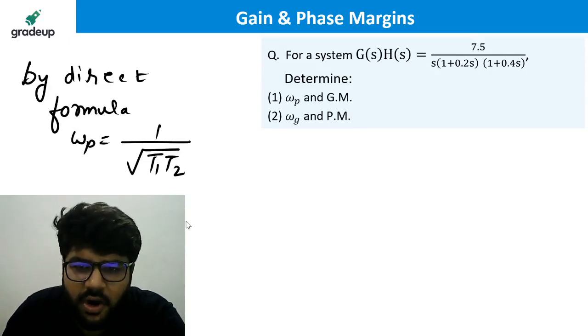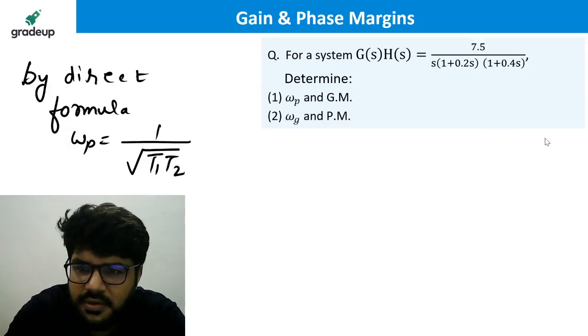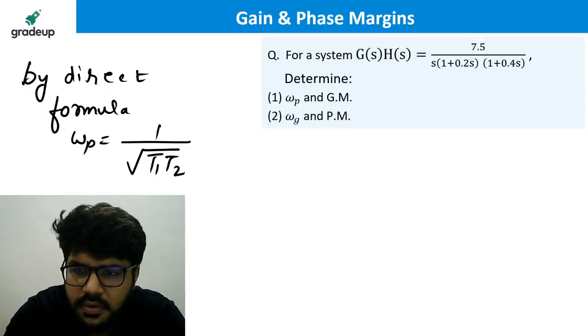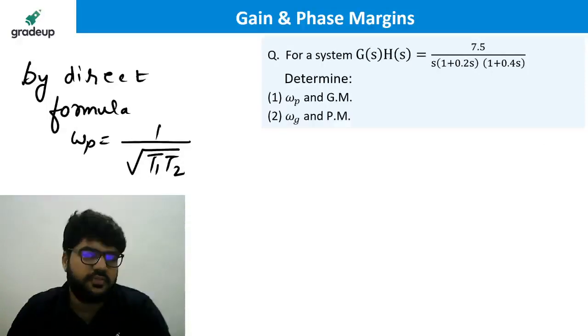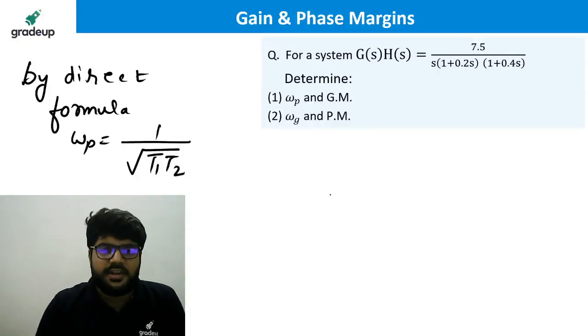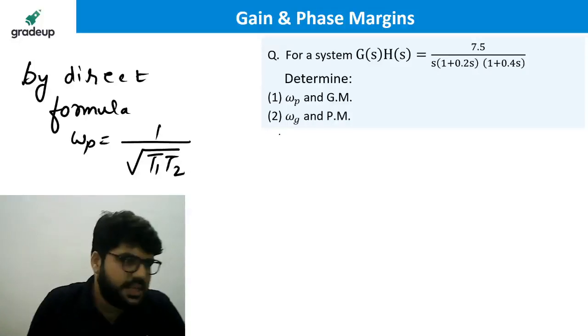That's actually a comma. I think it is not properly placed. Just make a correction. Just removed it. That was a comma, not properly placed. It's K upon s(1 + sT1)(1 + sT2), the same function.